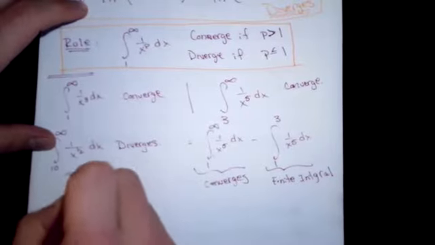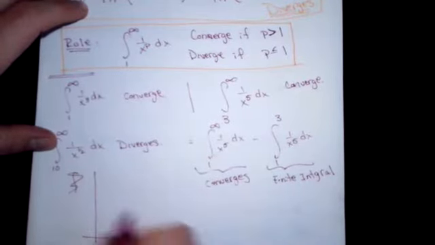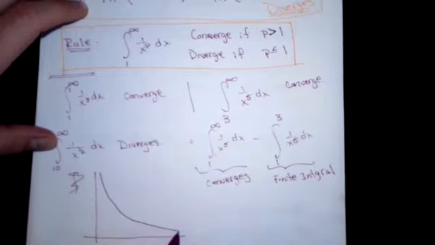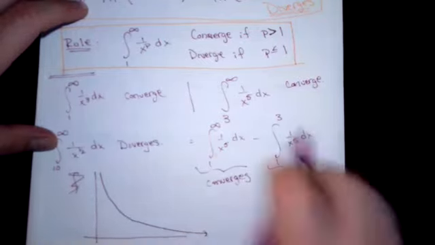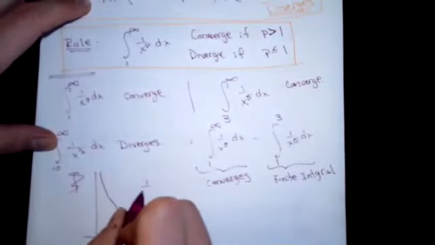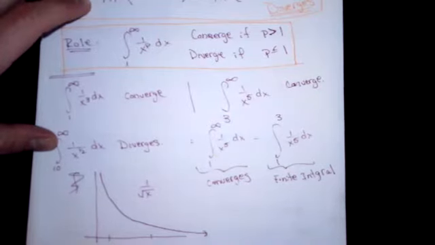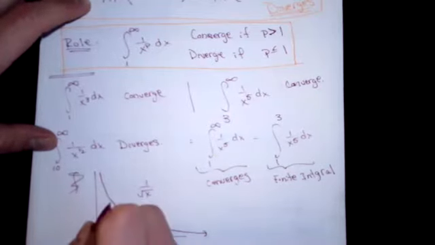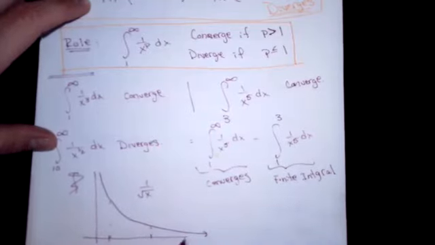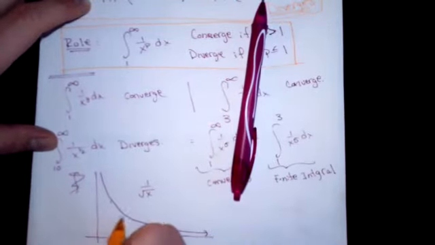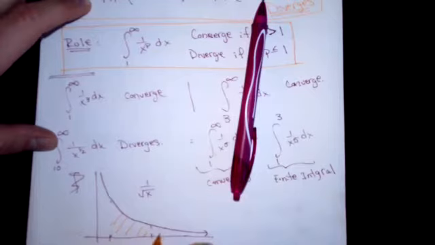So pictorially, what's going on here? 1 over x squared, it kind of decays, but not fast enough. Or excuse me, 1 over square root of x. So I know that if I start from 1, the total area out to infinity is divergent.